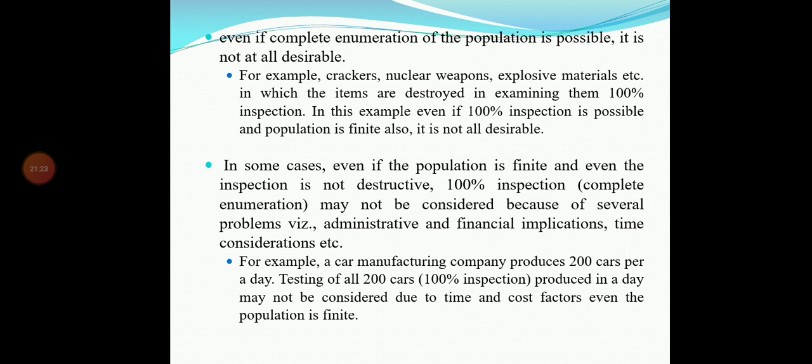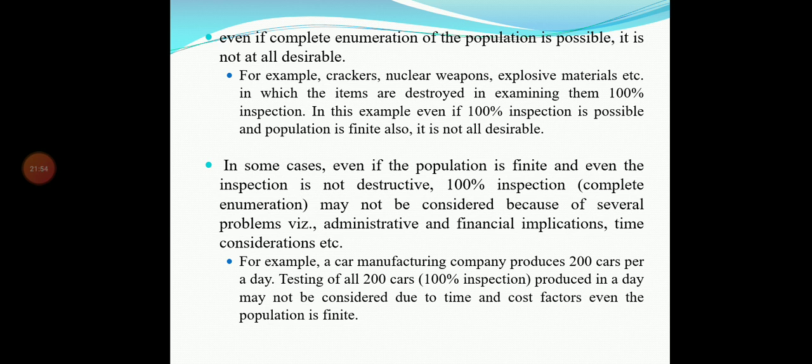In such a case also we have to go for the option of sampling, and we have to do the sampling procedures and sampling techniques, right? So this is also one particular special case. Even though 100% inspection is possible, it is not feasible. Practically, it is not at all desirable.